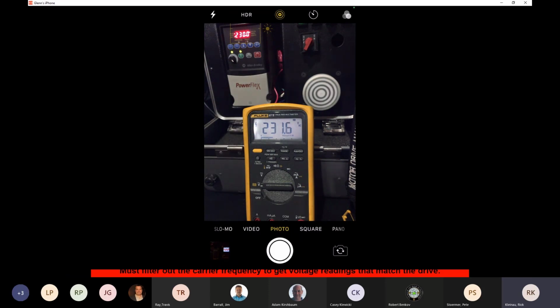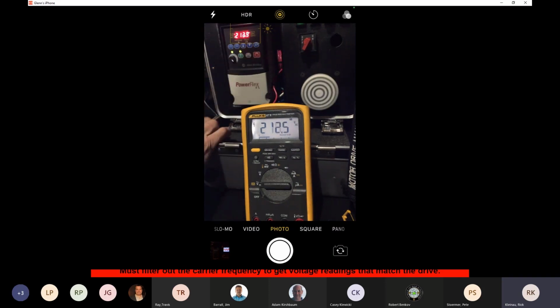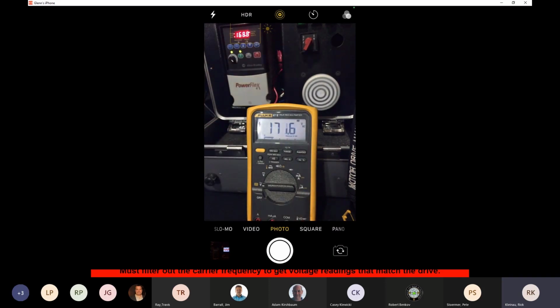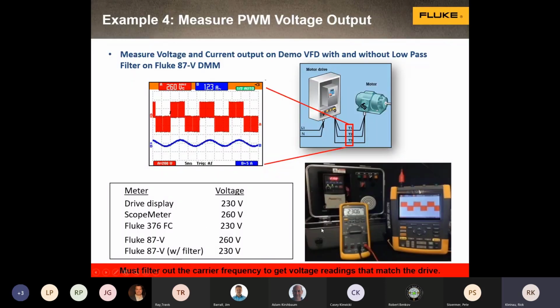Let's see. I believe I'm going to stop this just so we don't have to listen to it. So here's the numbers, right? The drive's telling me it's 230. The scope meter and the Fluke 87 initially had something up in the 260s, right?